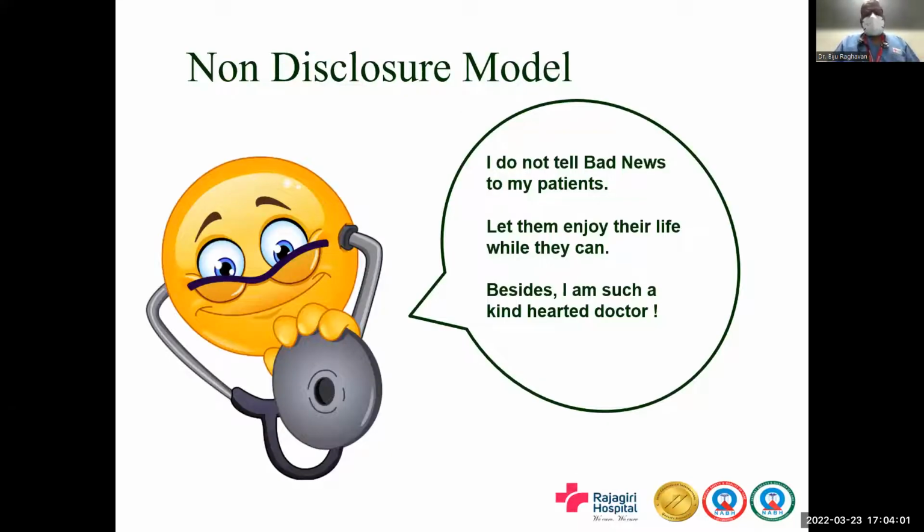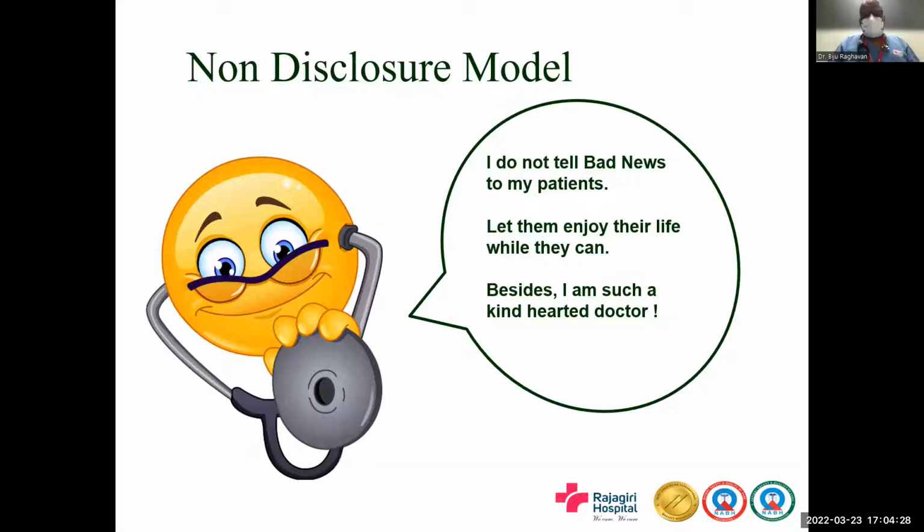In our culture, we usually practice a non disclosure model. That is, even if a patient comes with the family, we ask the patient to go out of the room, and usually we will tell the bad news only to the family. The reason being, in our culture, patient autonomy is not held to be very sacred.